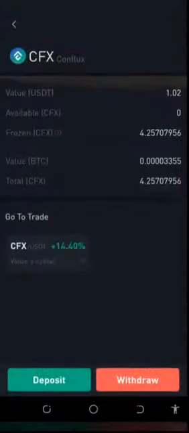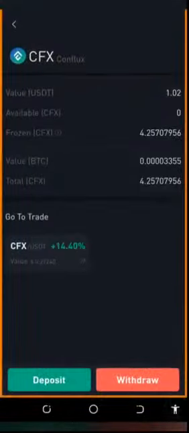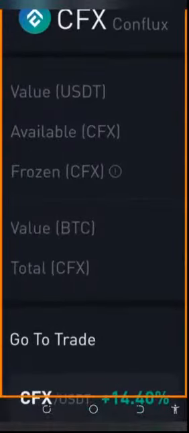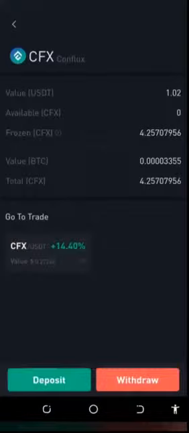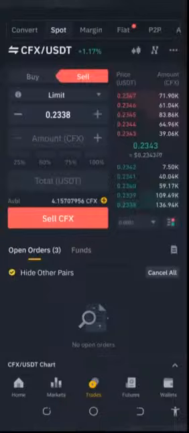Let's see. Okay. See what it says? Frozen. Frozen means it's on its way out. Okay, let's just hold on and let's see. We'll see it on the other side when it arrives in Binance. And then we'll change it back eventually to see what the value of our $1 became. Okay, see you shortly.